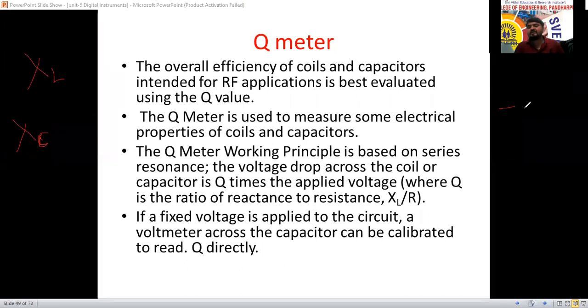In a series RLC circuit, there are resistive, inductive, and capacitive components.